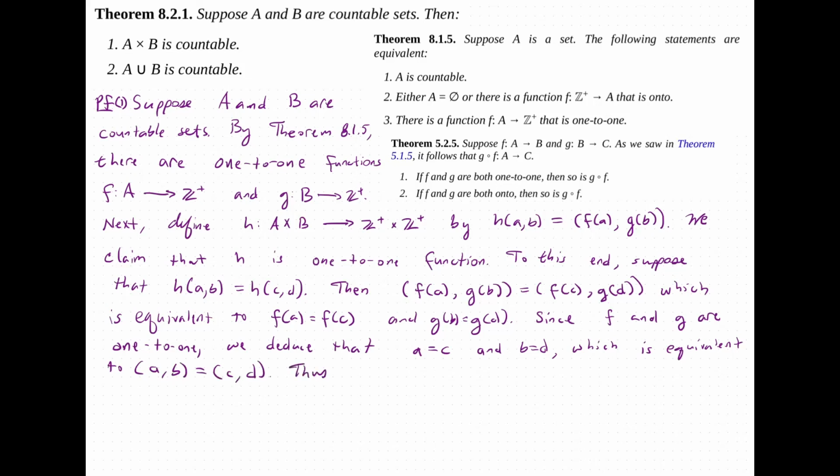Thus, h is 1 to 1, and that establishes the claim.